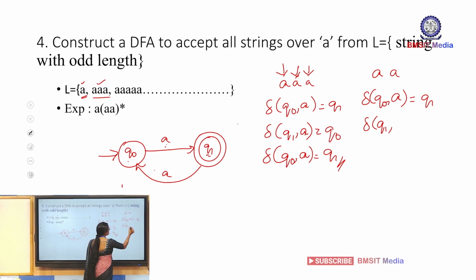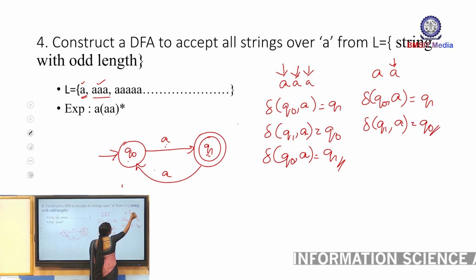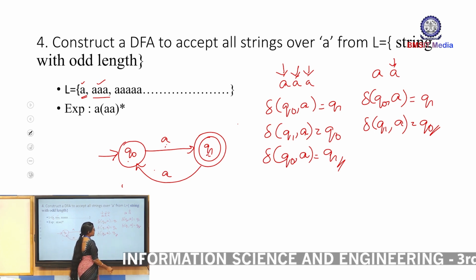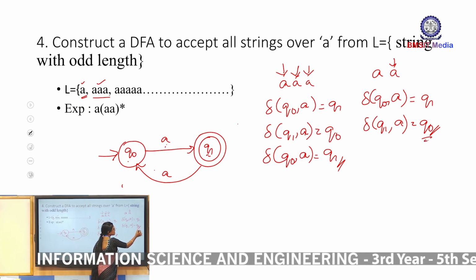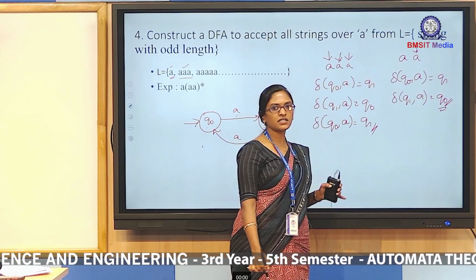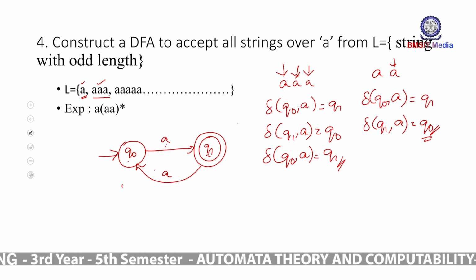On accepting the second input symbol, which is A, it makes a transition to the state Q0. At this point, I don't have any other input, so it stops here. Now you can see that Q0 is a non-final state, which means that the even length string is not accepted. So this is the fourth problem for today's session.